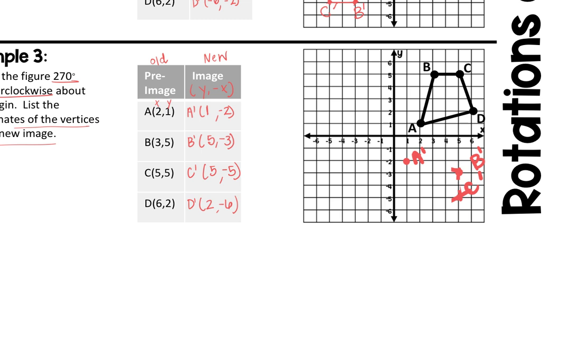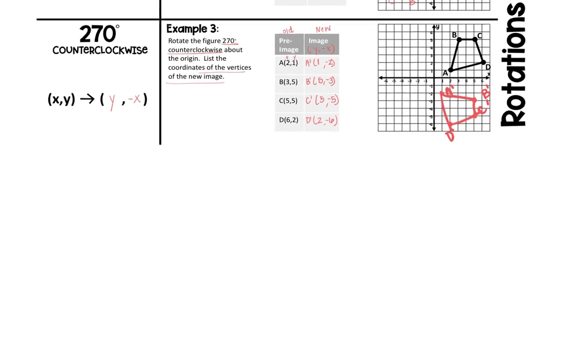And D prime, 2, negative 6. Sorry, I looked at the wrong point. Let's connect them all. And we have our 270 counterclockwise rotation.